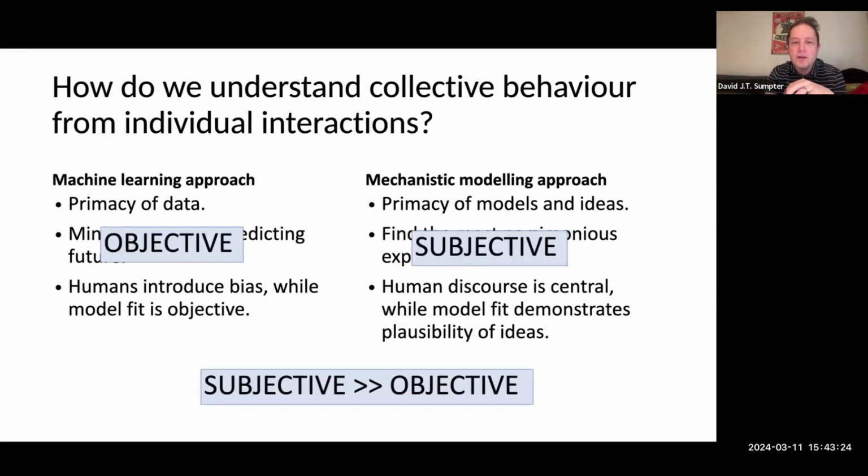It's important to note that the one on the right, the mechanistic modeling approach, is subjective, and we took input from coaches and all sorts of people inside football. In my opinion, this type of subjective modeling is more important and useful than what might be called objective modeling, because you're just looking at the data, which machine learning always emphasizes.